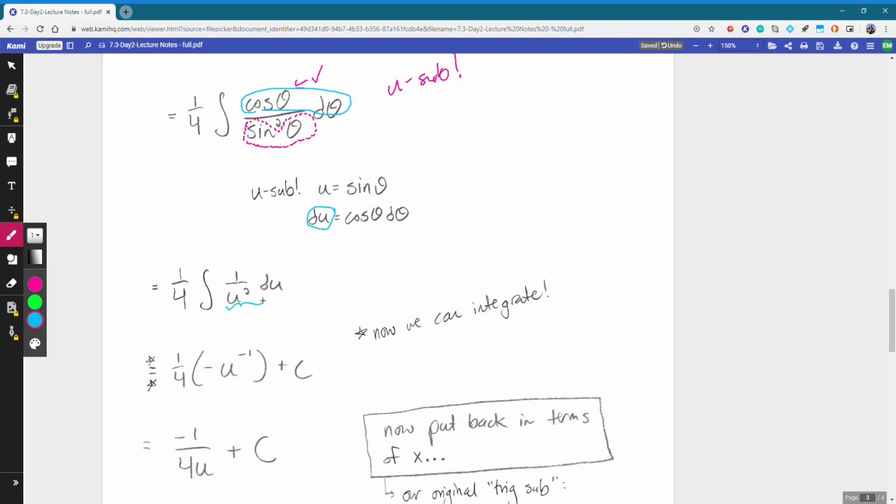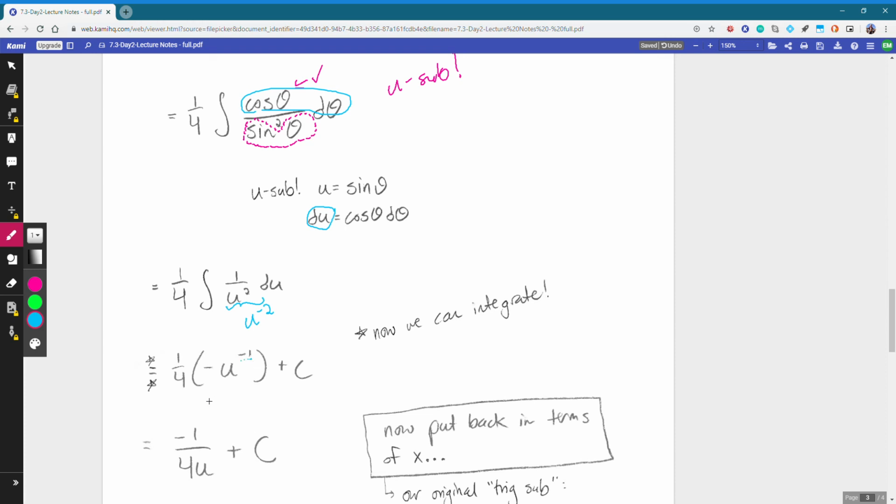We can write 1 over u squared as a power of u. This is u to the minus 2. And so integrating that with the power rule, we're going to add 1 to the exponent. And careful here, negative 2 plus 1 is negative 1.